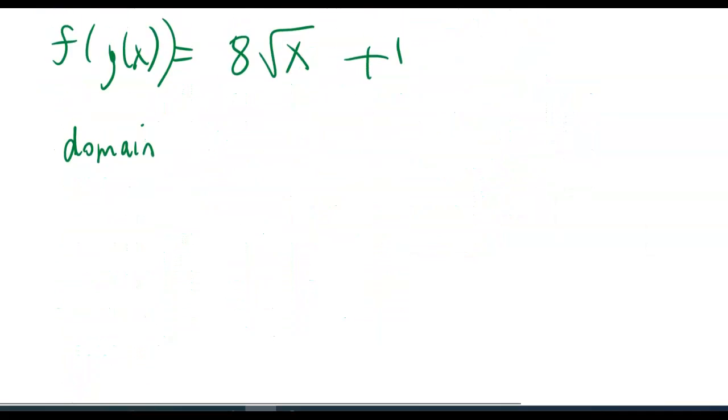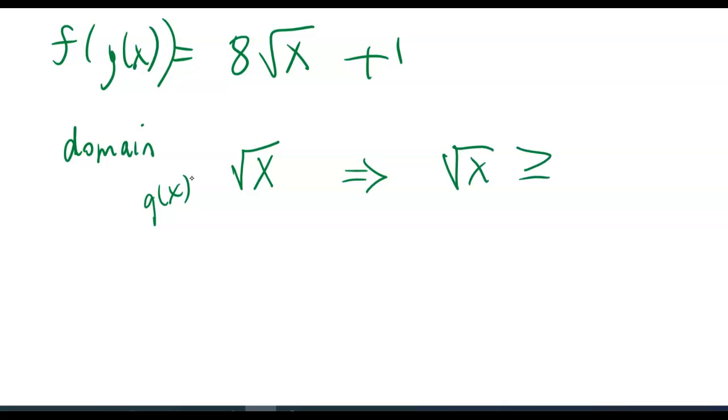So we have to consider that we don't want what's under the radical to be negative. We want what's under the radical to be positive or 0.